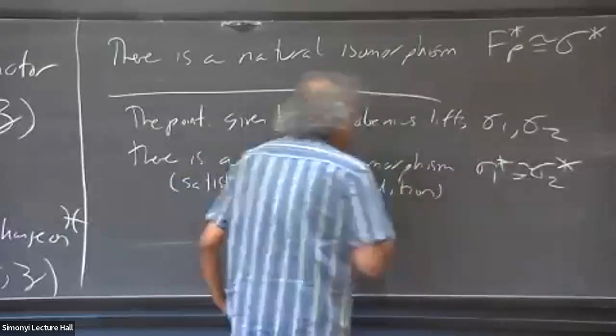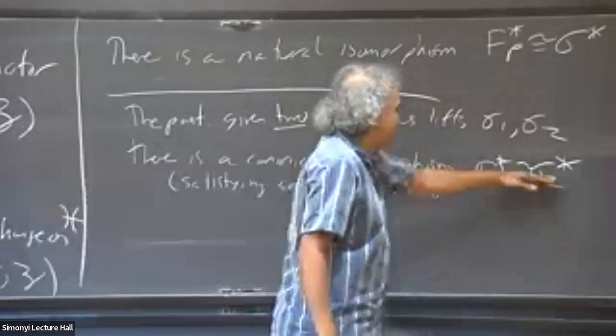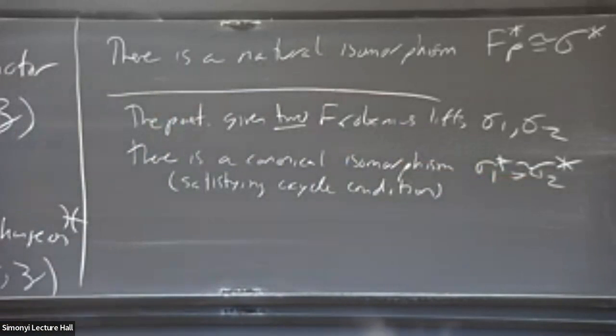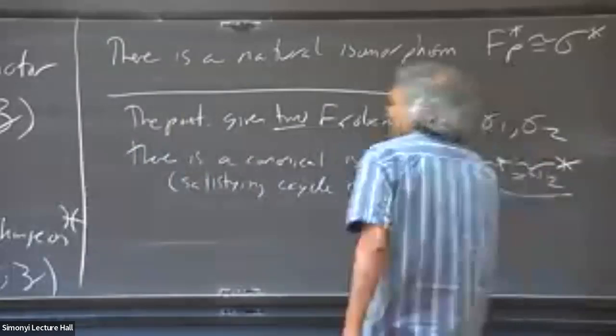Once you know this, then you can locally define the pullback to be one of these, and that's unambiguous because you have natural isomorphisms to turn you around. And then you can glue back together. And why does this happen?